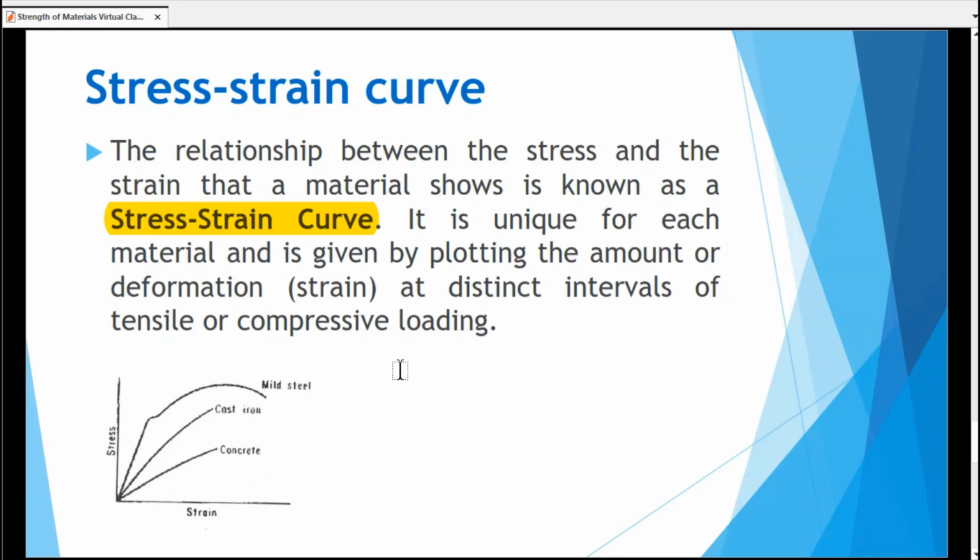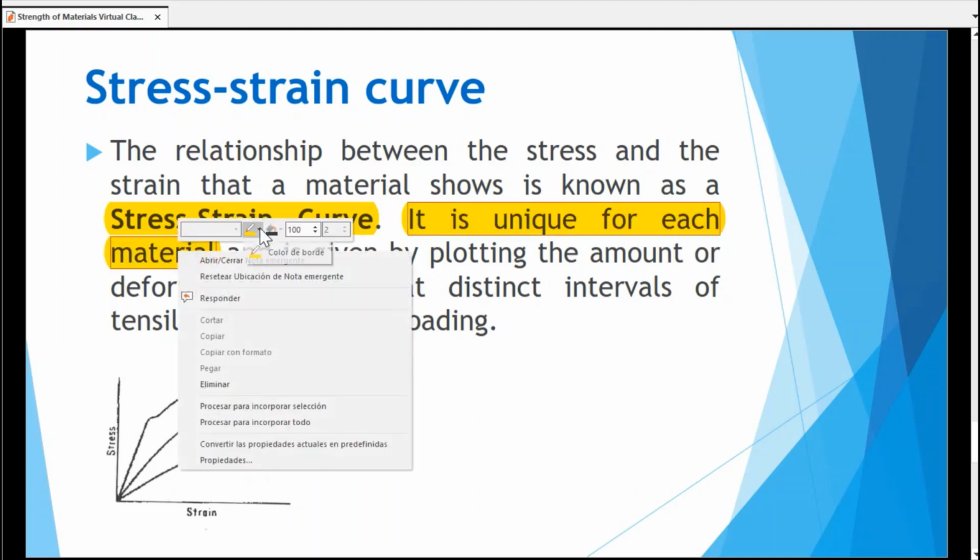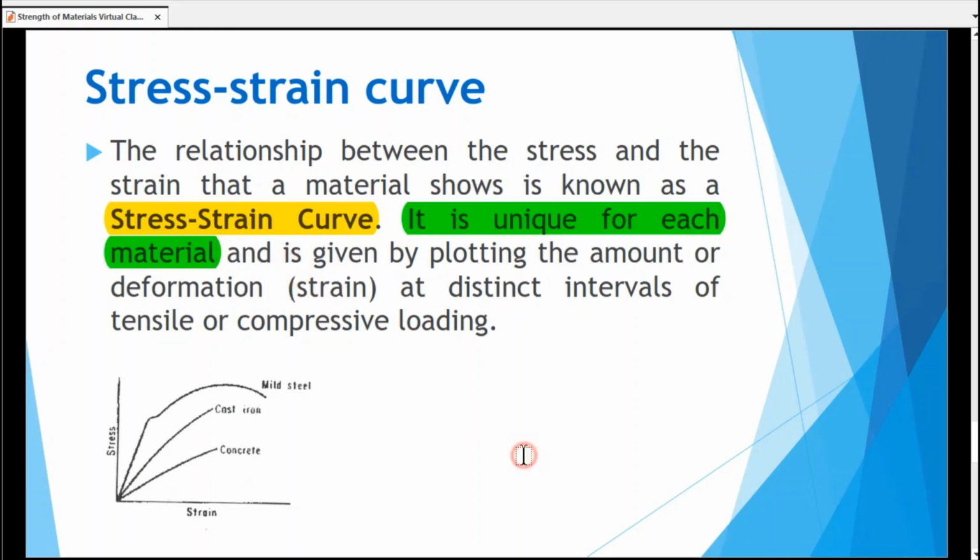So this is the graphic relationship between the stress and the strain of any type of material. It is unique for each material. This is very important. There is no standard in the stress strain curve. Every single material will show a different pattern.